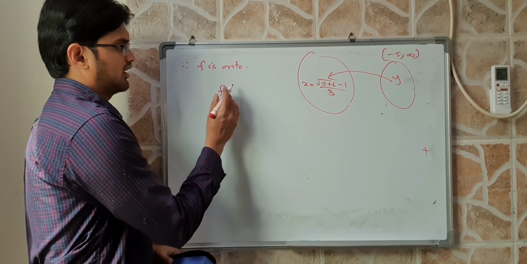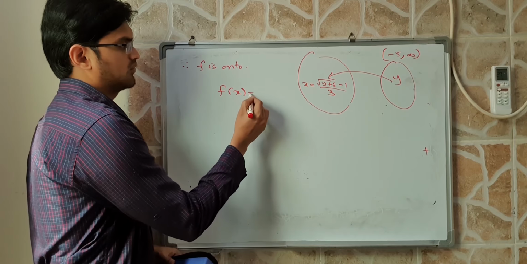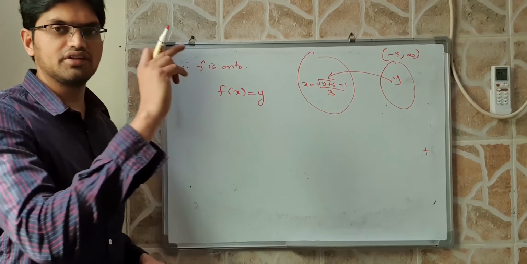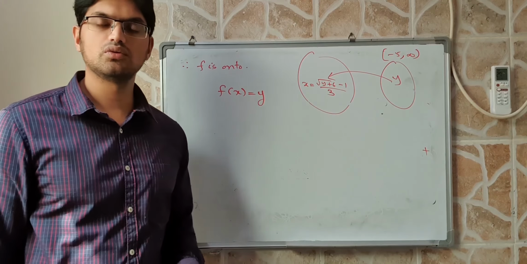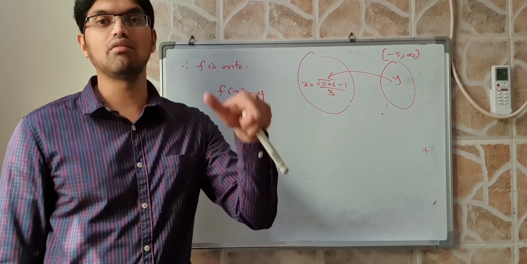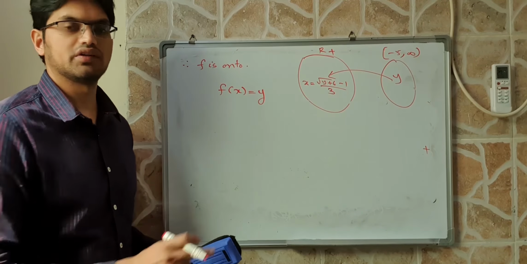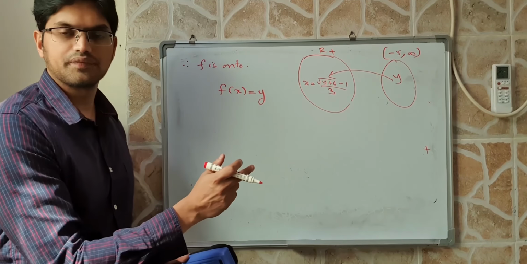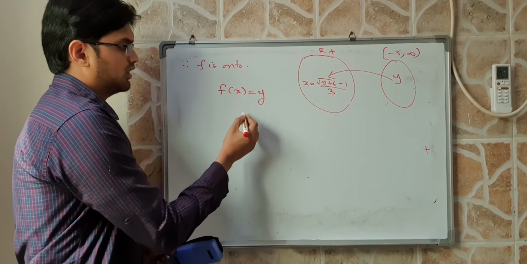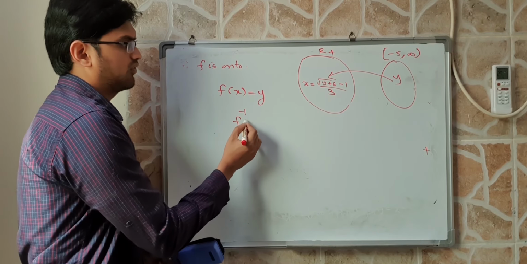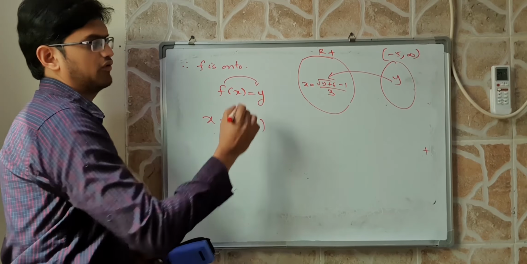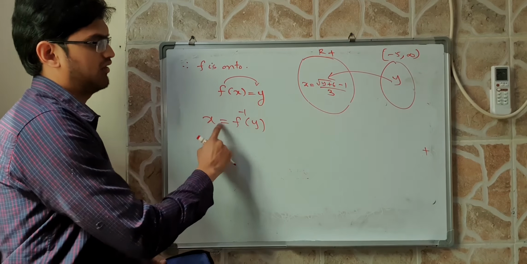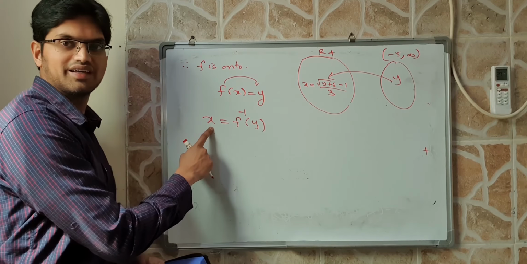See, f of x is equal to y. F is onto means f is 1-1 and onto. That means f is bijective. So a bijective function will have an inverse. How do you find the inverse? So f of x is equal to y, correct? So therefore f inverse of y is equal to x. If I shift f over there, f inverse of y is equal to x.